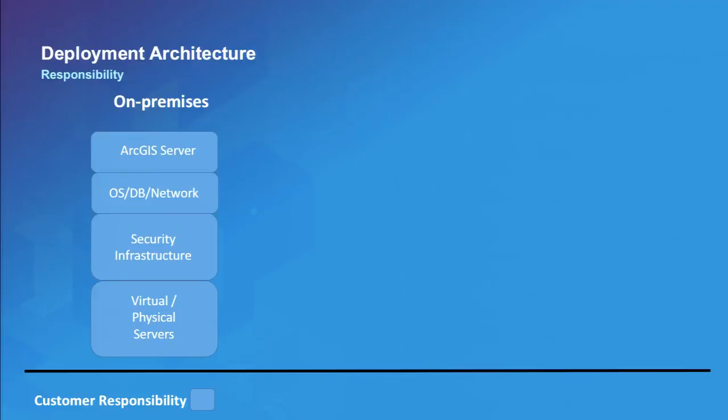Of course, when you're spinning up our product in your own infrastructure, portal and server, you are responsible for the management of the full stack: what's happening in the data center, the security components, SIEM or IDS or whatever else, the operating system, database components, network, and the server product itself.